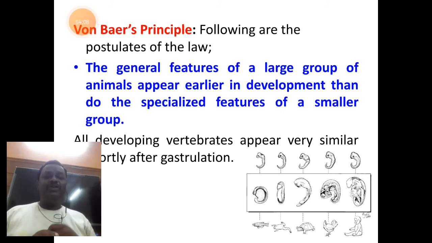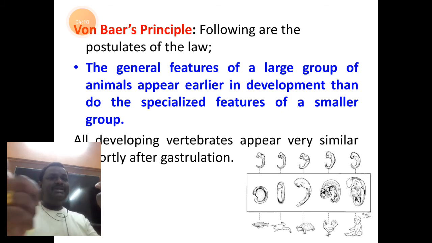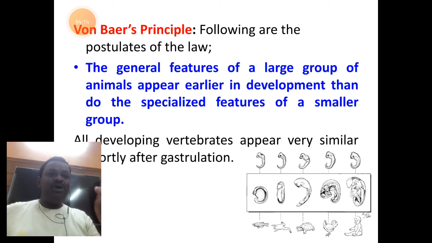So down is the picture when we look at the first row. It is related to the first postulate. The first postulate says all the general features start developing in the first stage of development. So later, special characters start developing in the organisms.